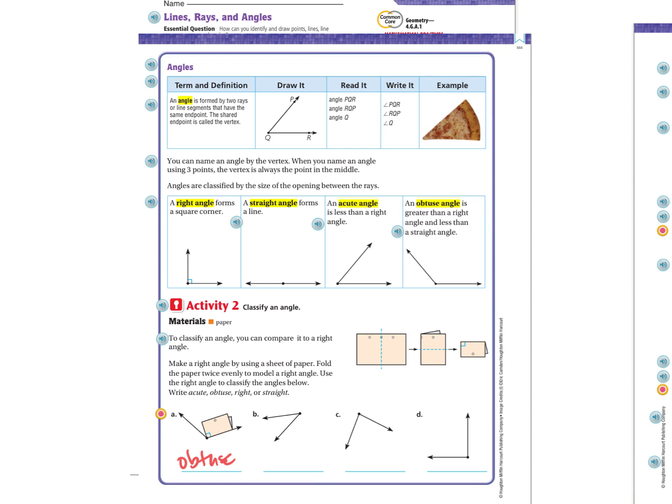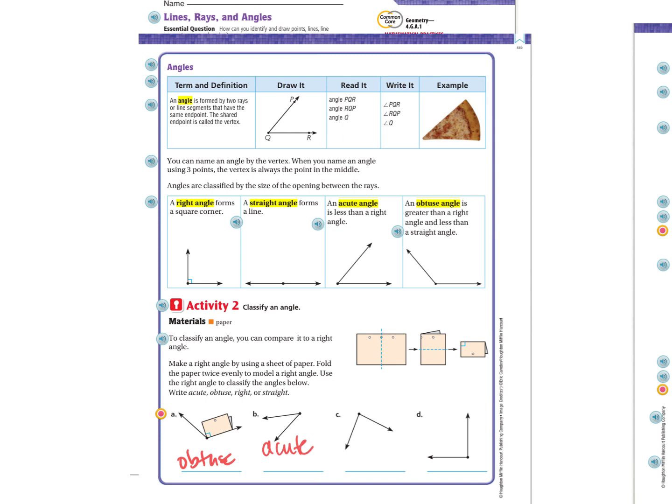Take the corner of your paper and put it in the angle, right? Oh my goodness, it covers it. Can you see how it covers it? It's too small. That means it's what? Acute. It's acute. It's too small. So write acute next to it.